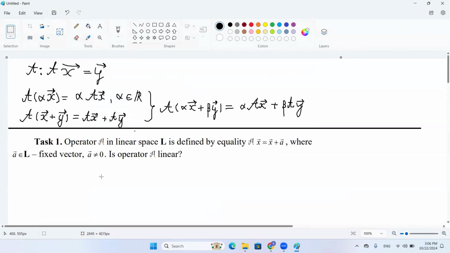So we have the following task. Given a linear operator which works by the next rule. It adds a vector to vector x, it adds some vector a.